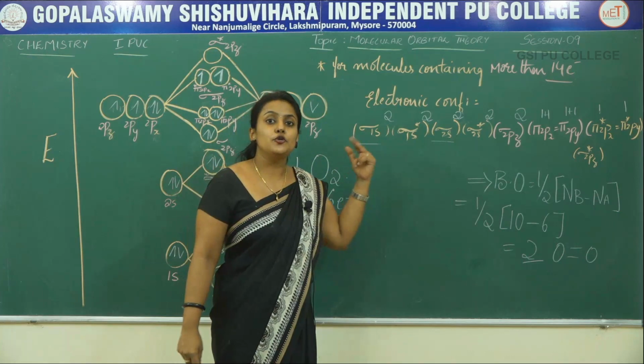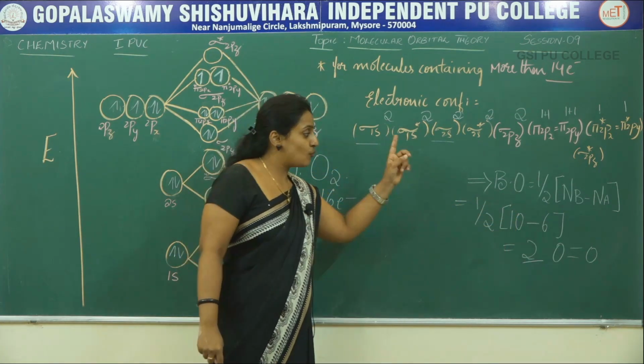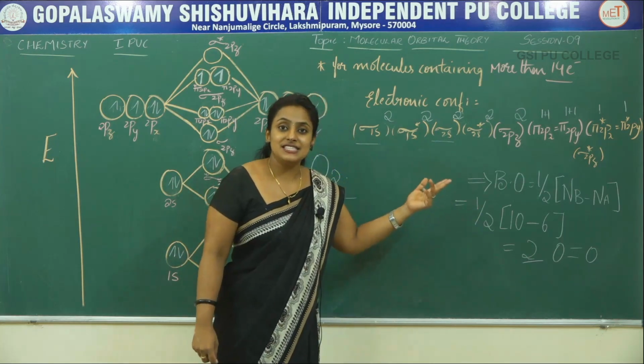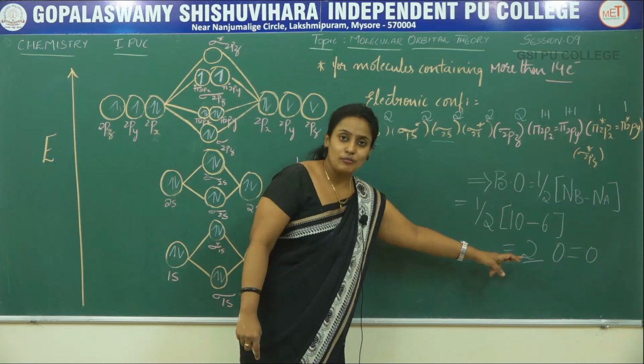That means there are 2 bonds between the 2 oxygen atoms, that is, one sigma bond and one pi bond. This is the bond order of the oxygen molecule.